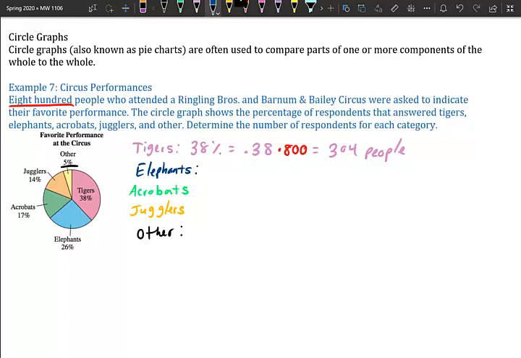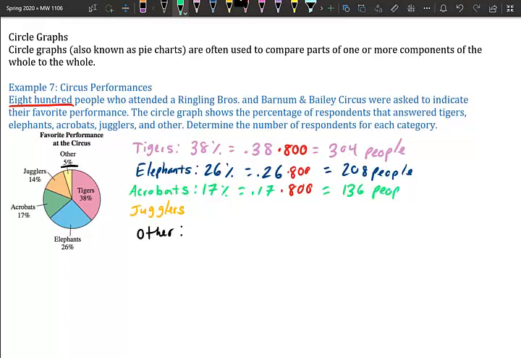Elephants were 26%, which is 0.26. So 0.26 of 800 people liked elephants, meaning that's 208 people. Acrobats, 17%, which is 0.17. So 0.17 times 800, we get 136 people. Jugglers were 14%, so 0.14 of 800 people like the jugglers, and that's 112 people.